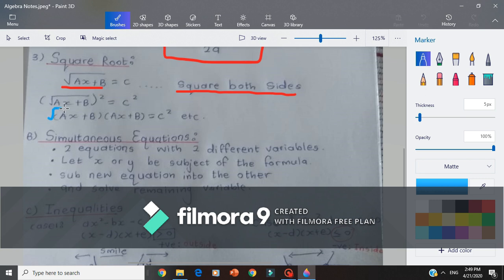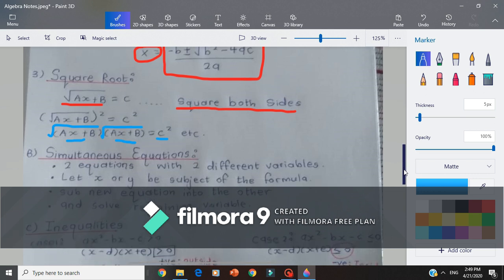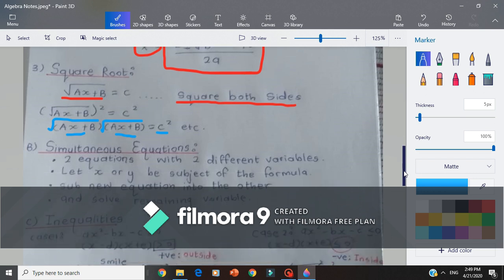There's supposed to be a square root here, and there's supposed to be a square root here. Okay, and so what happens is the square roots fall away and you can FOIL out these two brackets and solve for x using the quadratic formula or by factorizing and equating to 0.